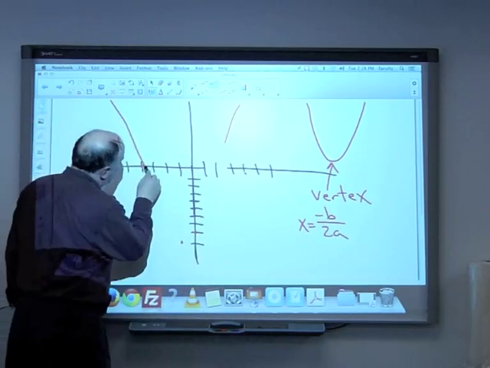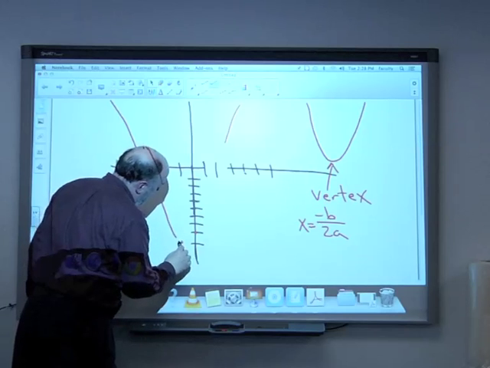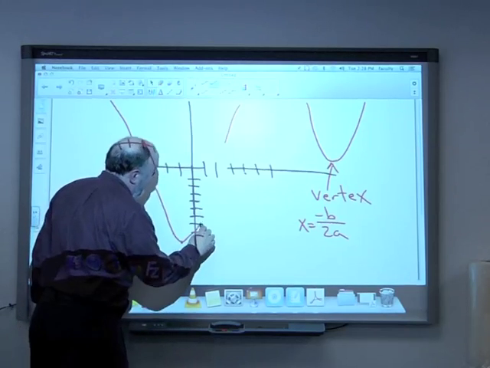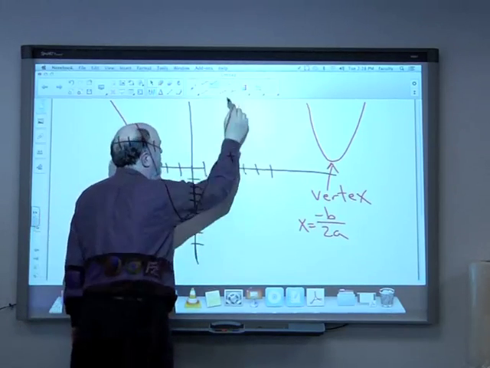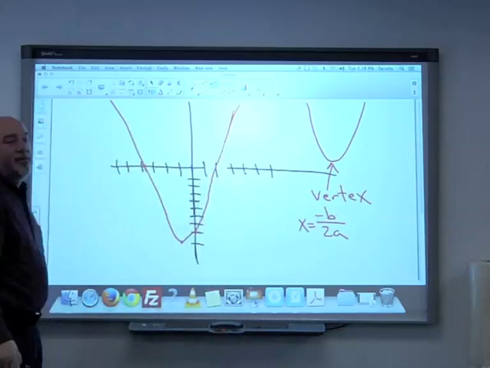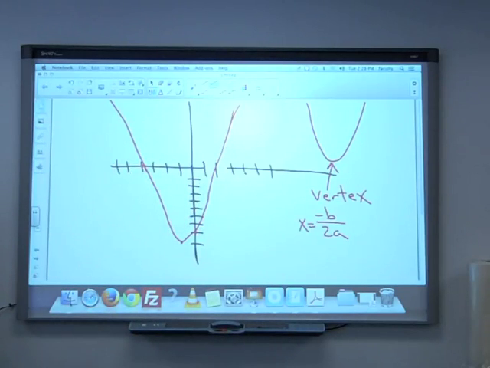So I know it comes down, it's going to hit this point. At that point, that is when it decides to go back off. So that tells me where the turnaround point is for my quadratic.